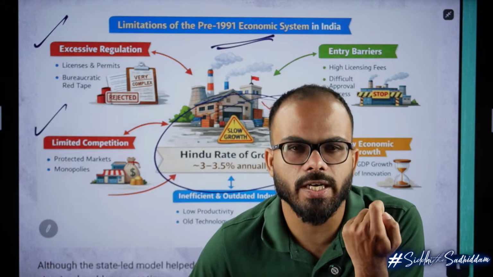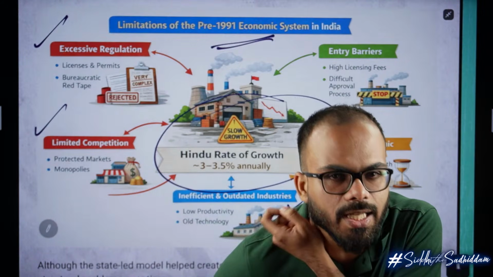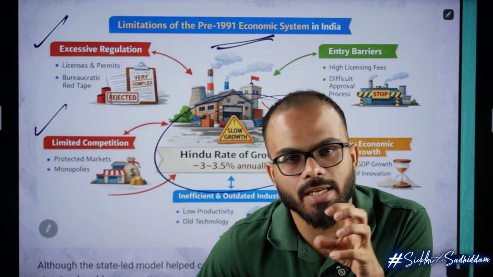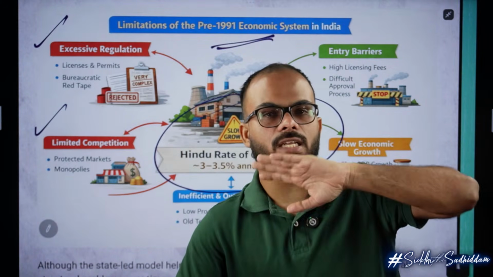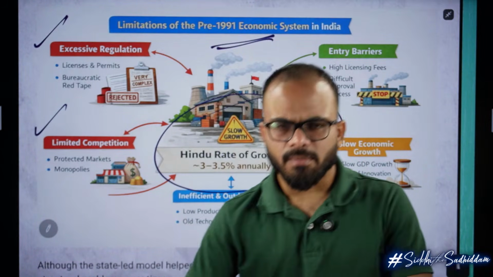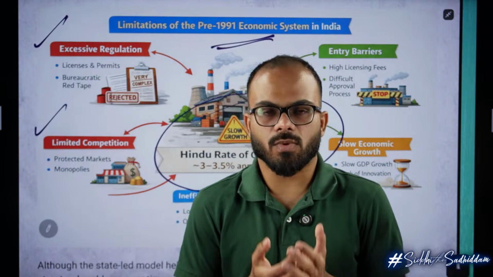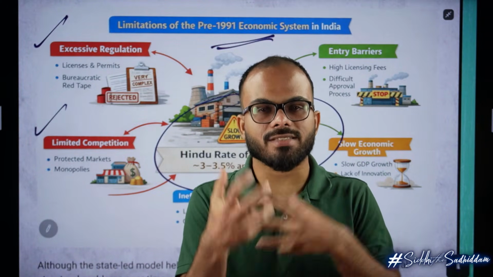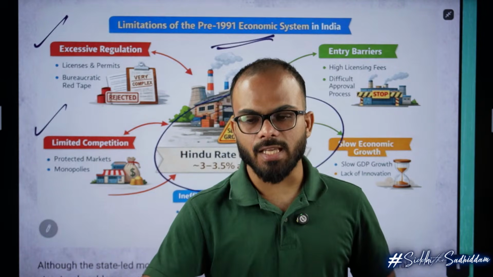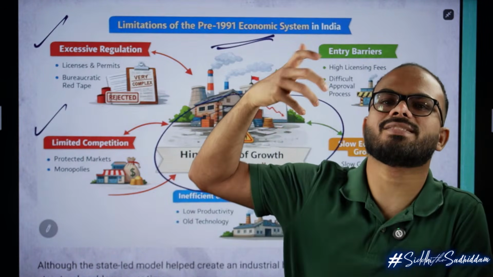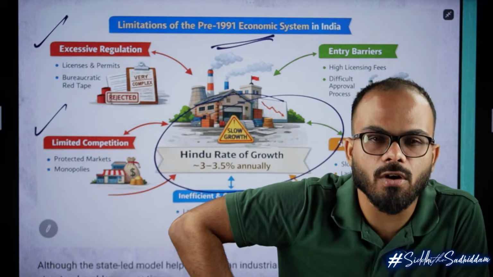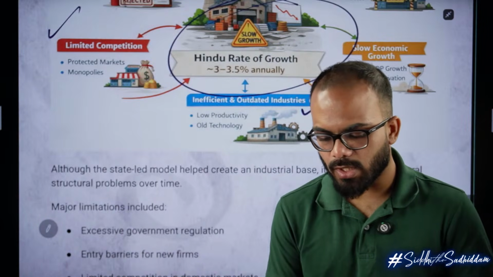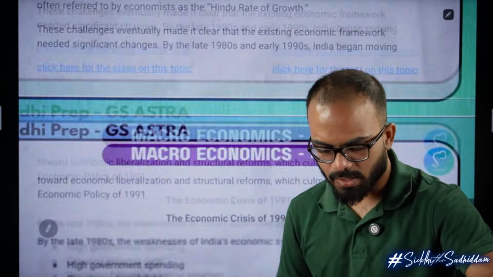Now this term is not associated with any religion. The economist said, and this is not my terminology, clearly no offense to any particular religion, that it is very difficult for the Hindu religion to reform, it's a stagnated religion. Similarly, the Indian economy got completely stagnated, and they started to call this the Hindu rate of growth, around 3 to 3.5%.